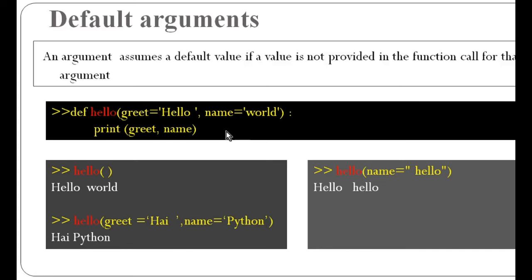What will happen? It will take the default value hello, and the name also has got the value hello. So hello will be printed. Now I am giving only a value for this greet. I am not giving a value for this name. So the default value world will be taken. So dear world.